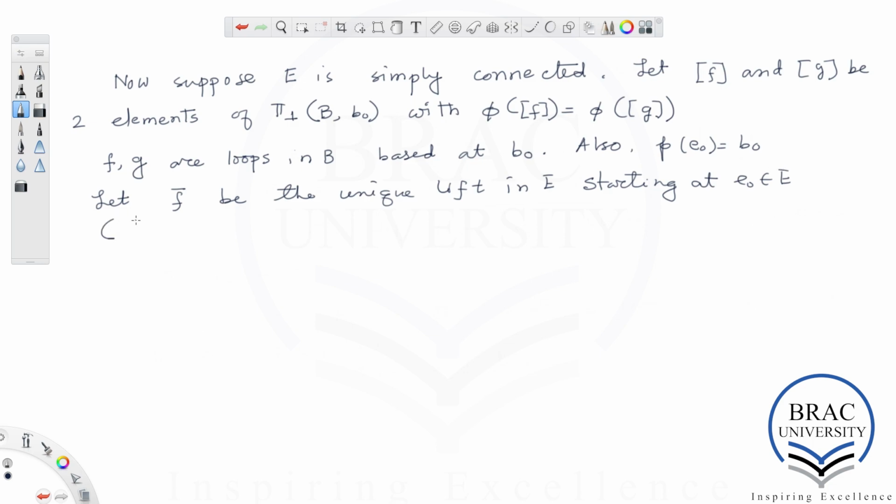The existence is proved in lemma 1. Okay, so we denote that unique lift by F bar.